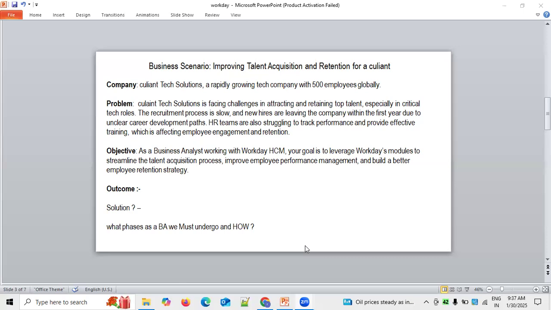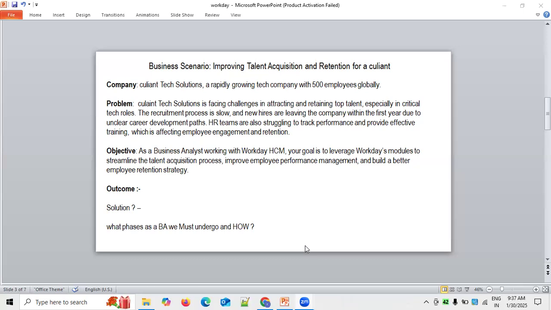Your major goal is to leverage Workday modules to streamline the talent acquisition process, at the same time improving employee performance management, followed by building a better employee retention strategy. These you can consider as business objectives, which are also called project objectives here. That is something you must know.